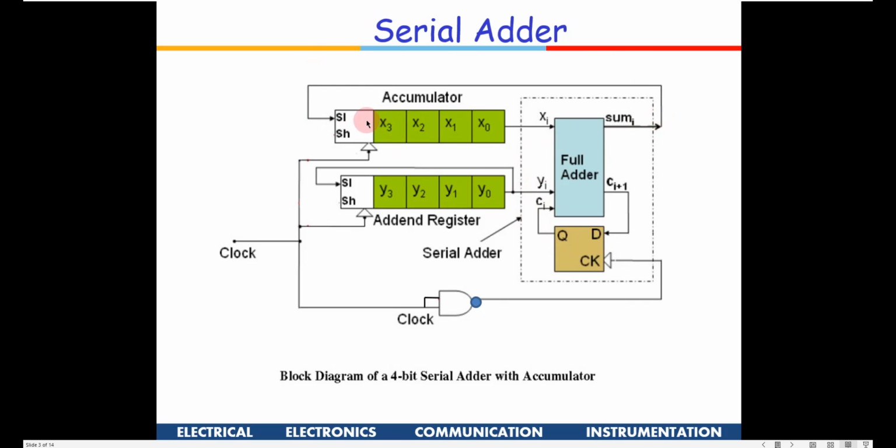Now that will be put into the accumulator in the next clock cycle, and this will move again here. So at the end of 4 cycles, it will add x0, y0, and the carry will come here. In the next stage, x1, y1, again the carry will be added here, then x2, y2, again with the carry from the previous operation, and x3, y3 will be added here.